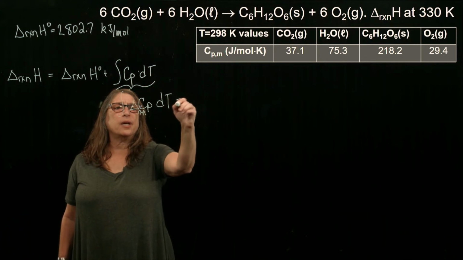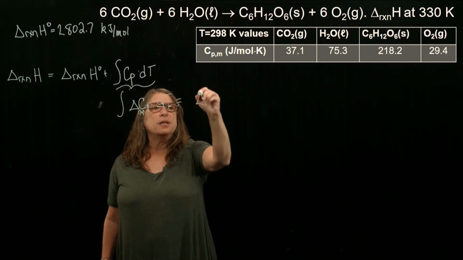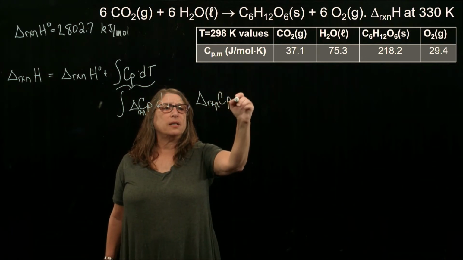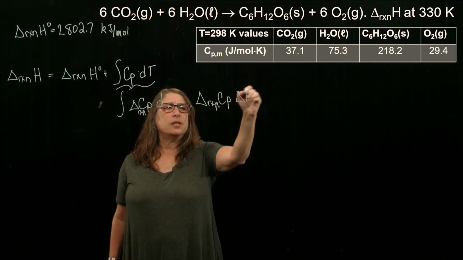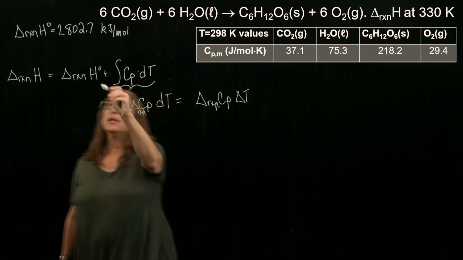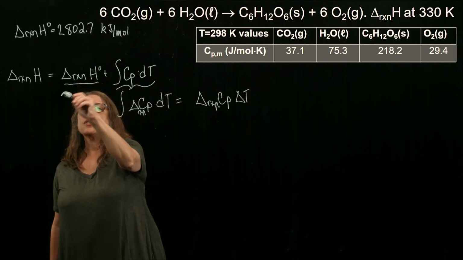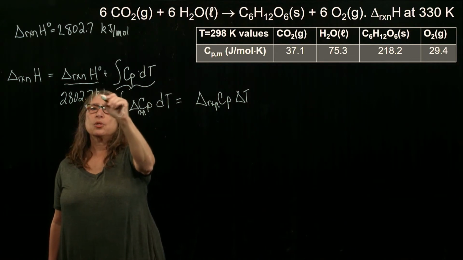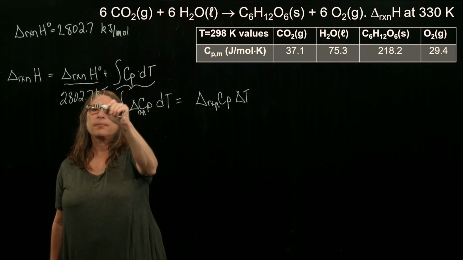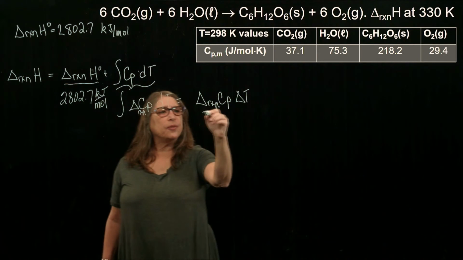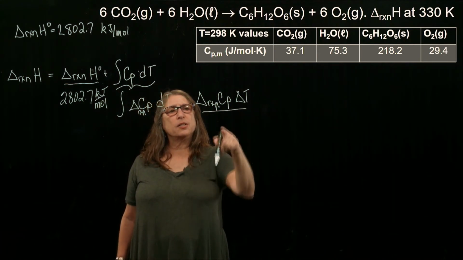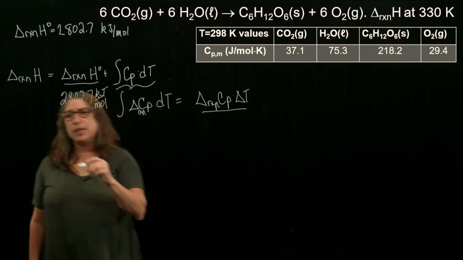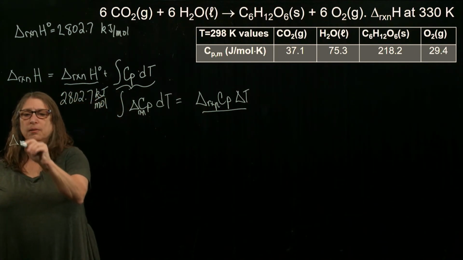And when I integrate that, that becomes the change for the reaction in the heat capacity times the change in the temperature. We already know this value. That's 2802.7 kilojoules per mole. And so now we have to find this. Let's start by finding the heat capacity change for the reaction.